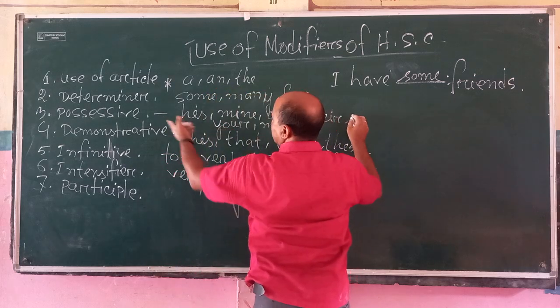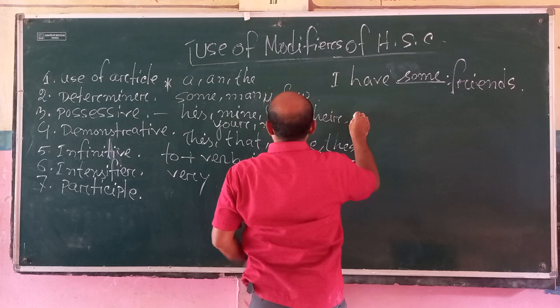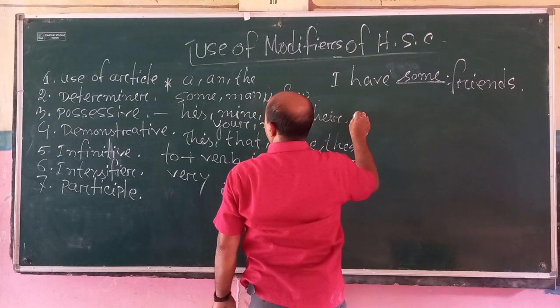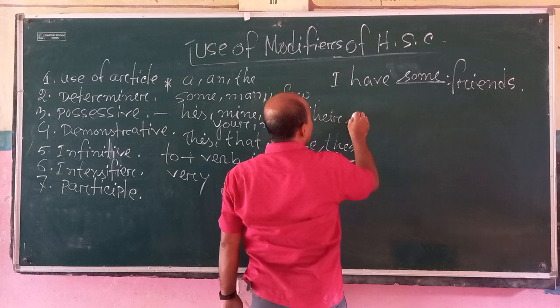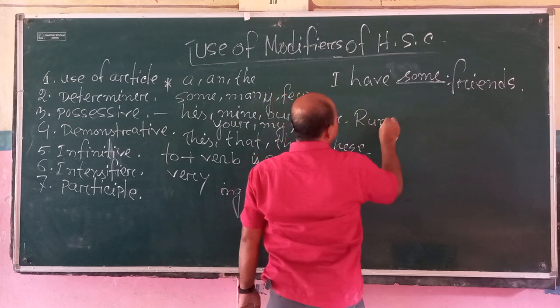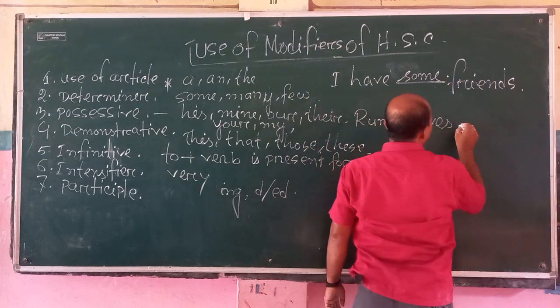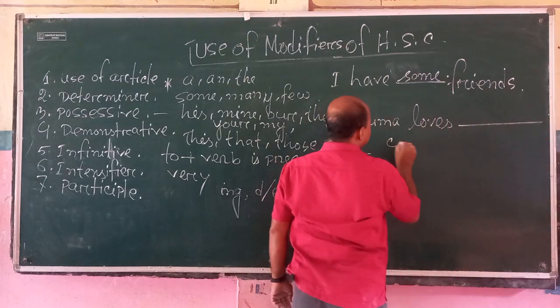When the question paper asks you to use a possessive case, pre-modify the noun or post-modify the noun, then you will write: Ruma loves dash country.